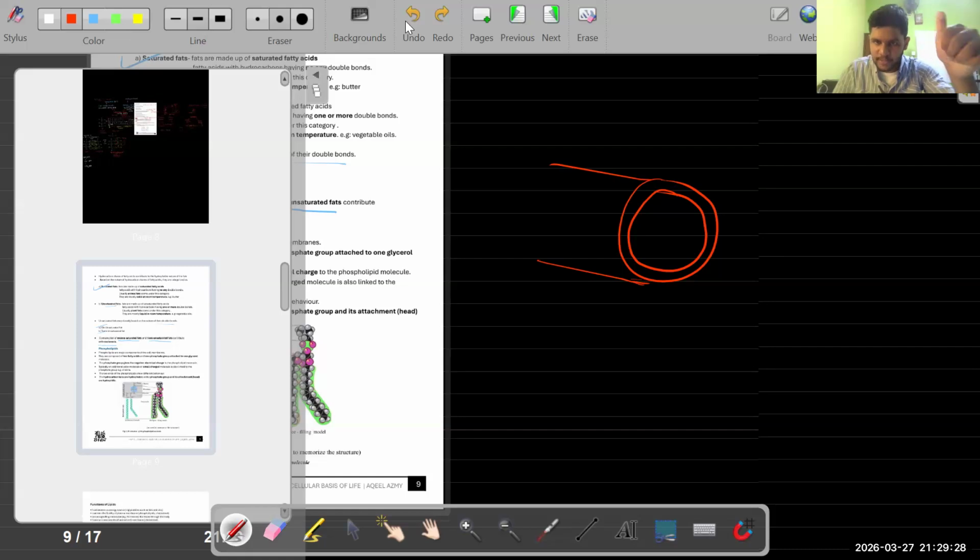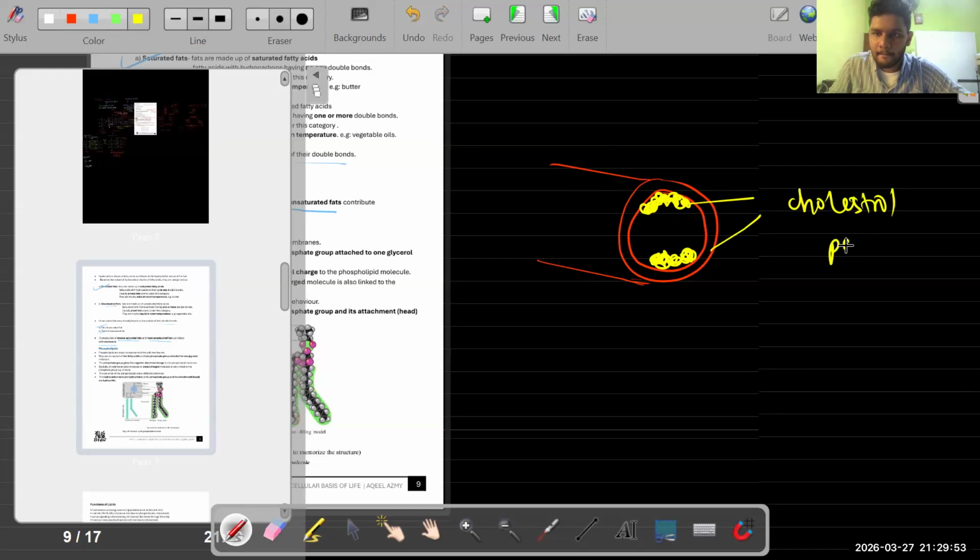Excess amount of saturated fat and trans unsaturated fat, these blood vessels start to form some cholesterol particles like this. Can you see this yellow color? These are called cholesterol particles. Can you see?